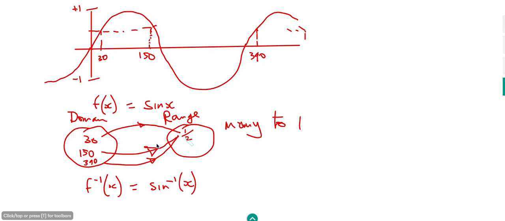And so if we try and find sine minus 1 of a half, it could be any of these values.